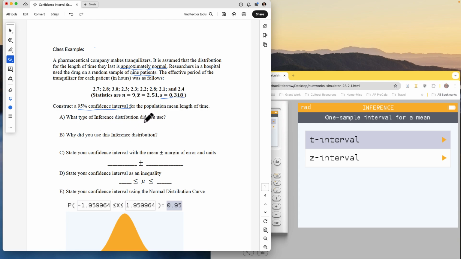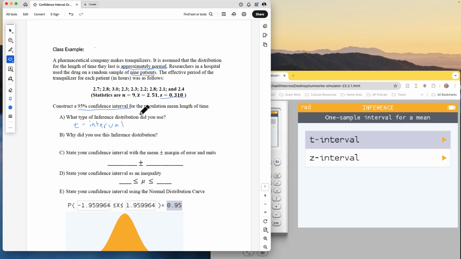So what kind of inference distribution did we use? We used a t interval. And we take that right from the calculator itself. It's telling a t interval. Why did we use it?